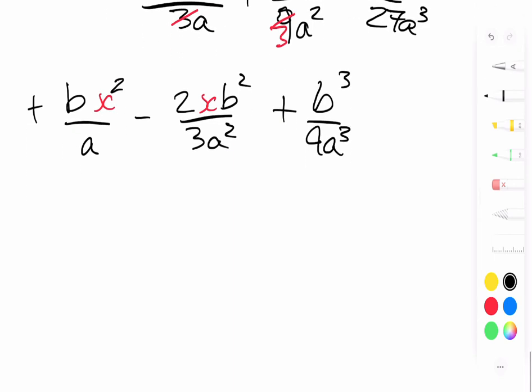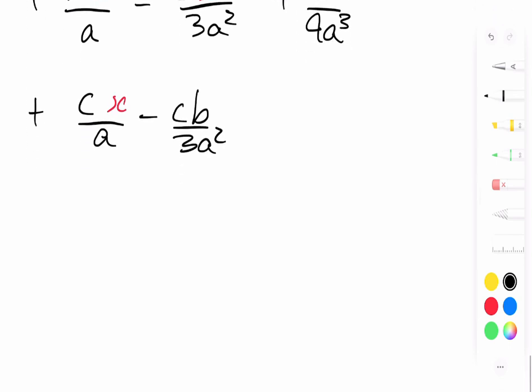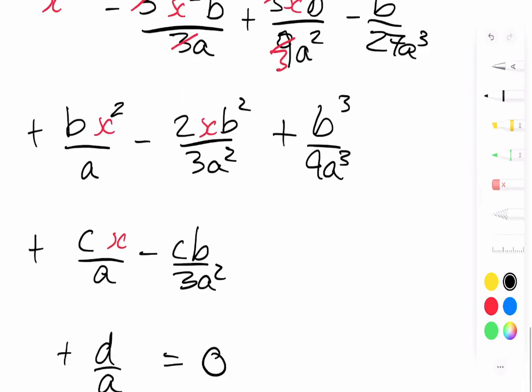And then the next line we have plus cx over a minus cb over 3a squared, and the next line we just have plus d over a, and of course that all is equal to 0.